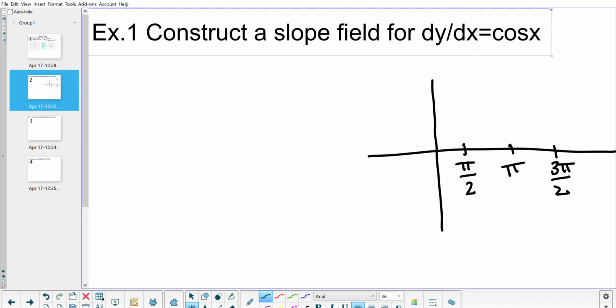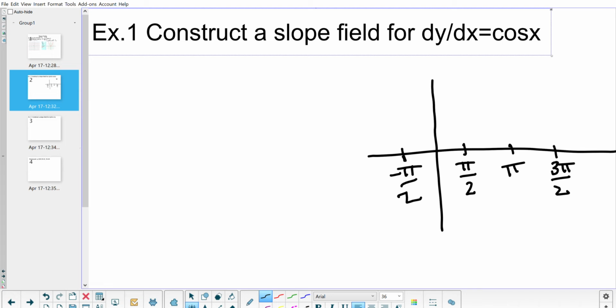Let's also do negative pi over 2. What we're going to do is pick these inputs and plug them into the equation for the derivative. Remember, derivative represents slope.